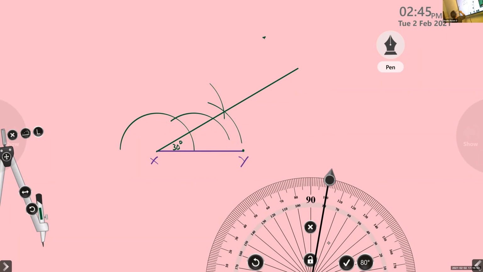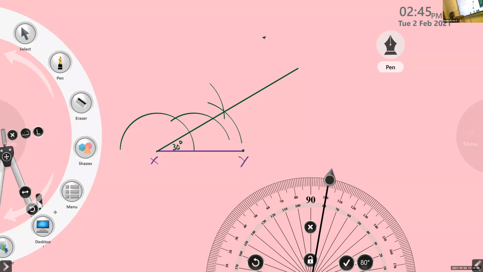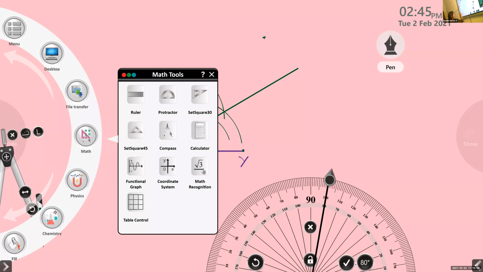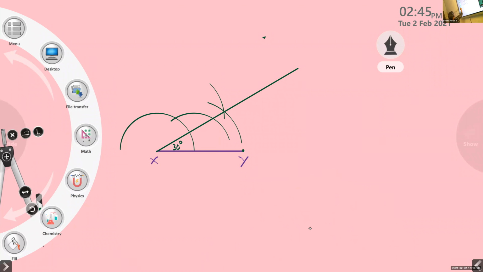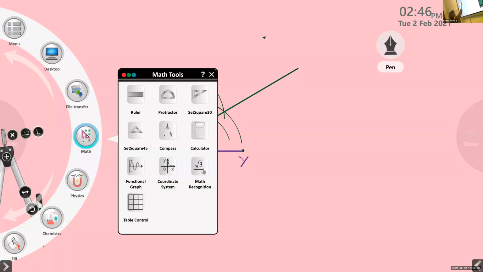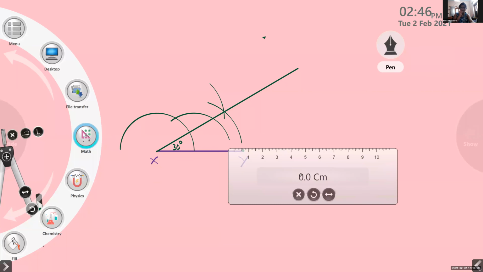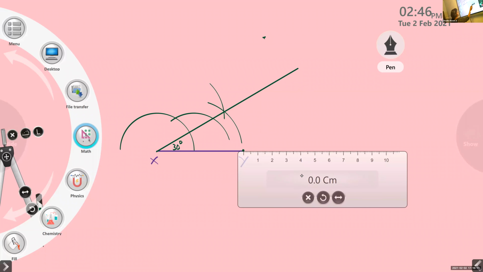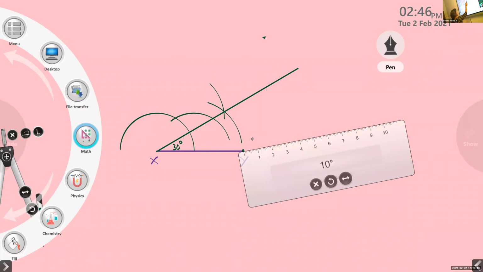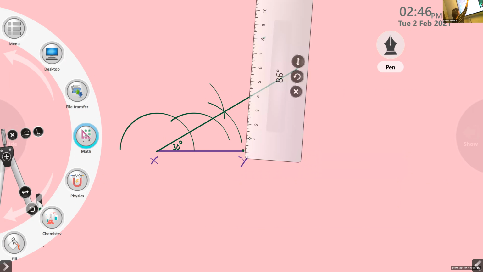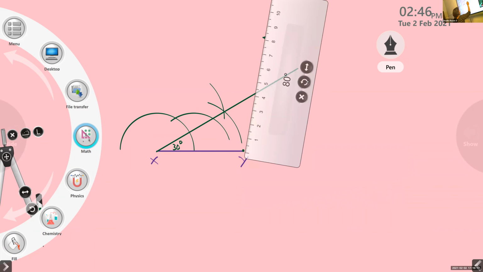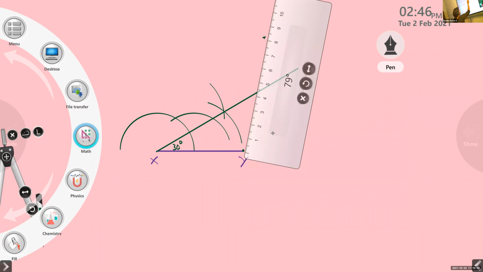Take a scale and join from Y. From the Y point we have to find 100 degree.